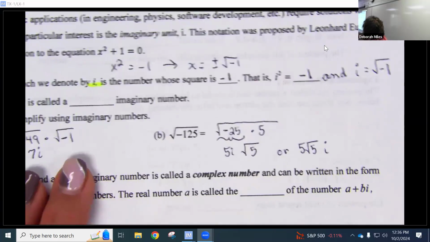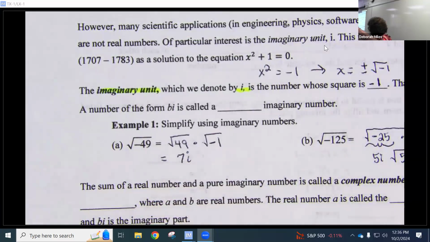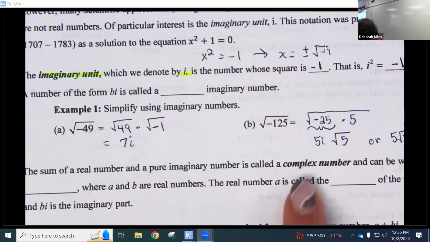Now we know numbers that are real numbers, and we know numbers that are imaginary numbers. If we put the real numbers and the imaginary numbers together, we come up with the biggest set of numbers there is: complex numbers.